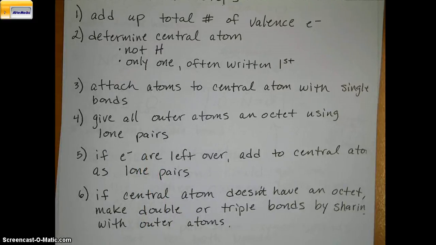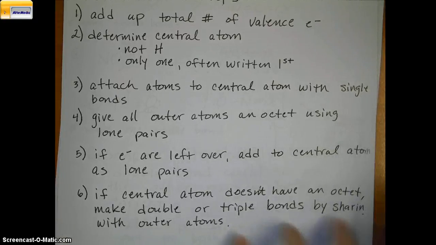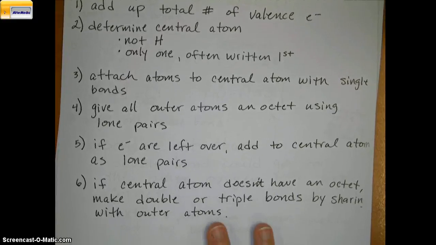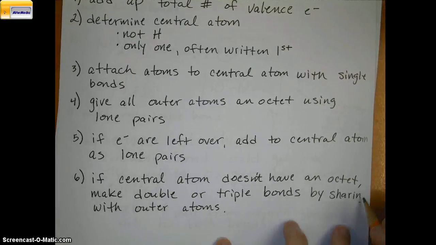If we have any leftover valence electrons, we're going to put them on the central atom as lone pairs, and if we don't have enough valence electrons, then we're going to make double or triple bonds by sharing more with the outer atoms. You're going to see examples of all of these different rules. So make sure you have them written down, and I will show you what they mean in our first example.